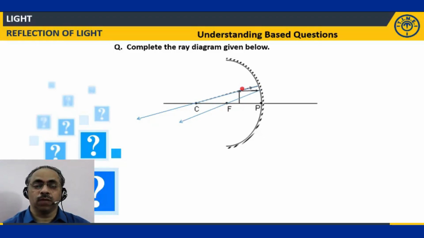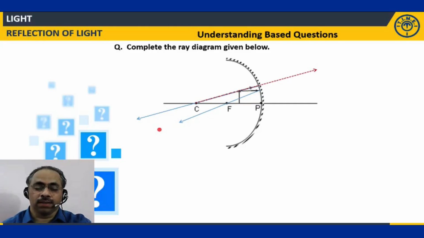So now observe these two light rays. Are they convergent or divergent? Obviously they are divergent, right? If you see, the distance between these two is increasing as they progress in the forward direction. So what you need to do? You need to produce them back behind the mirror.